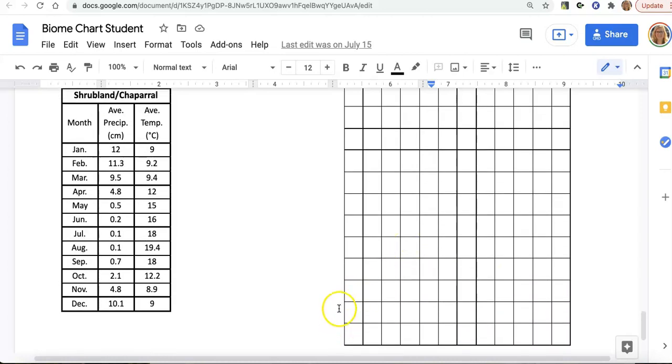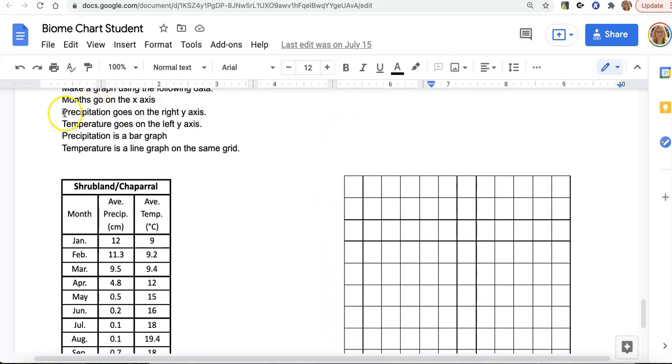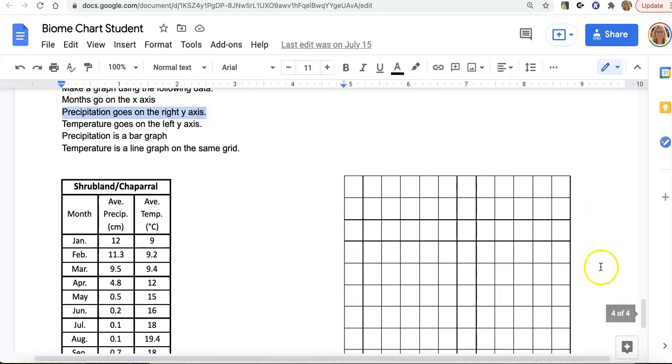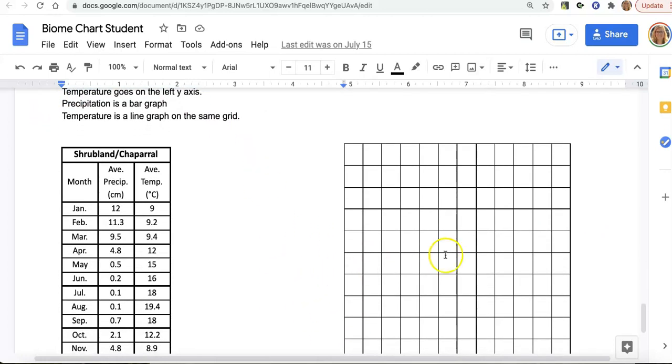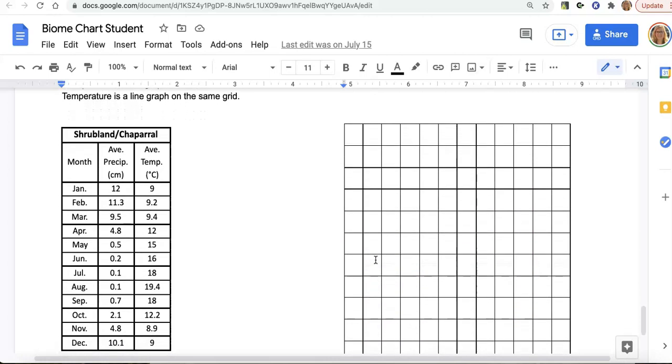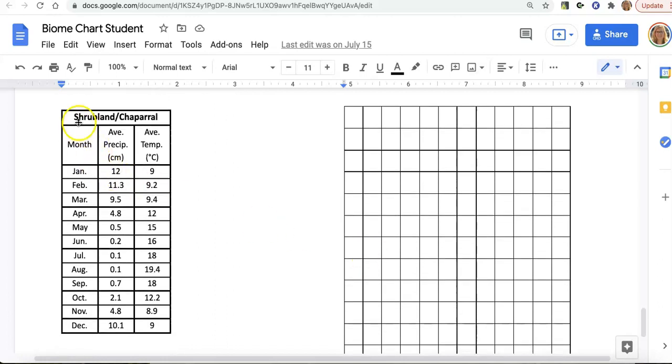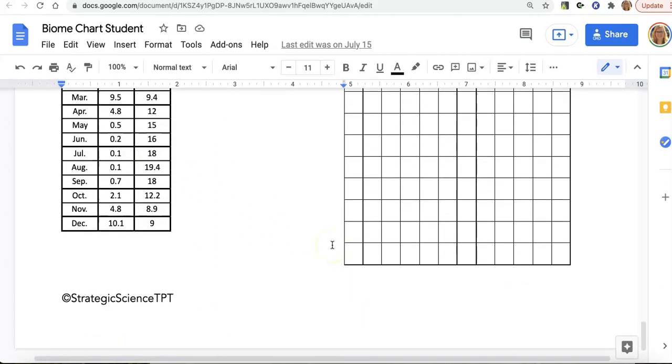And on one side of the y, it says precipitation goes on the right y-axis. Oops, sorry, here's our right over here. Temperature goes on the left y-axis. You're going to do precipitation with a bar graph, and temperature is a line graph on the same grid. So here's your data. Go ahead and graph.